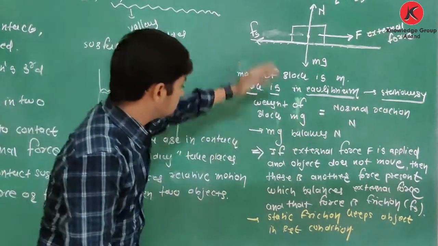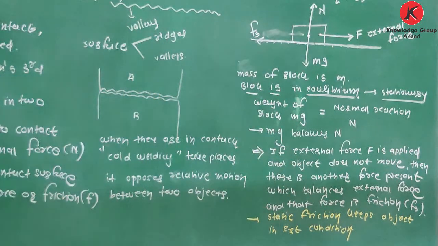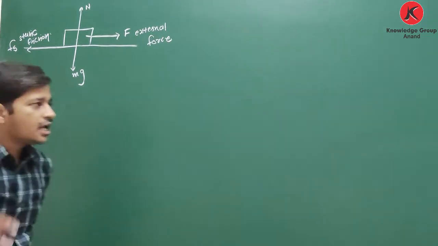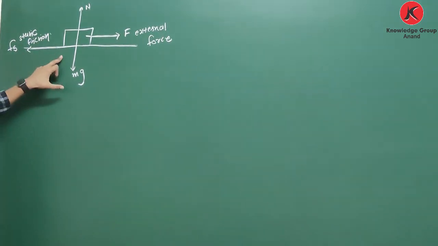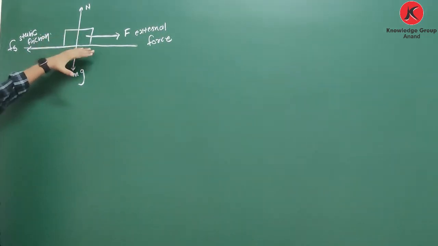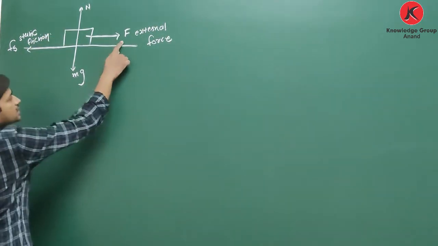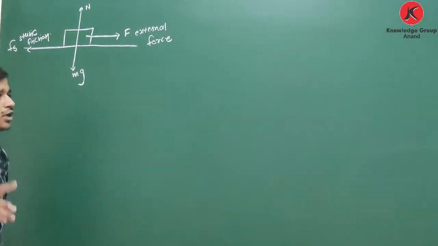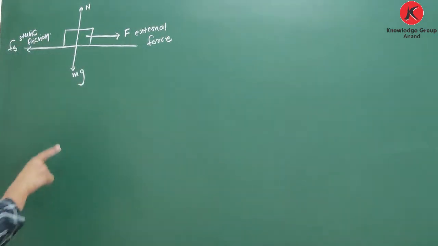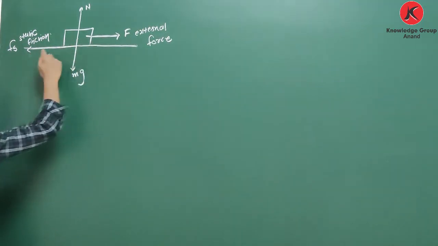Now we have to see the static friction in detail. Again, if we have a block placed on the table, mg acts vertically downward always, and the normal reaction is always perpendicular to the contact surface. These two forces cancel out each other. If I am applying external force and the body does not come into motion, there must be some other force acting in the opposite direction and balancing this force.